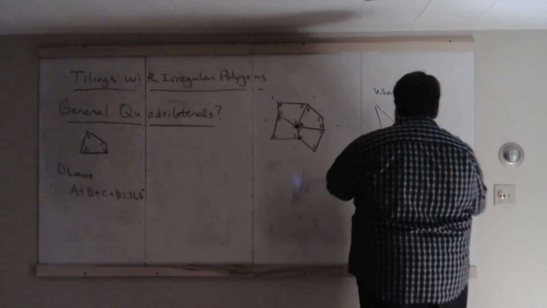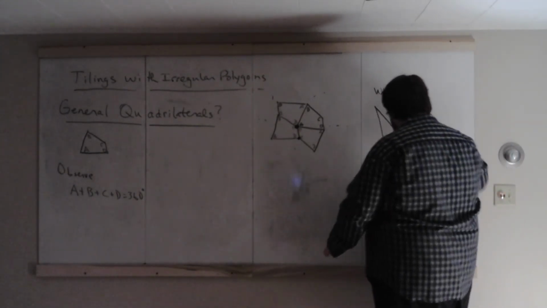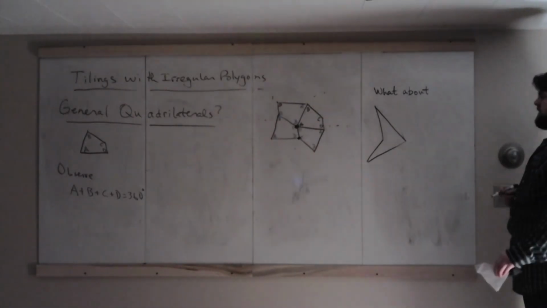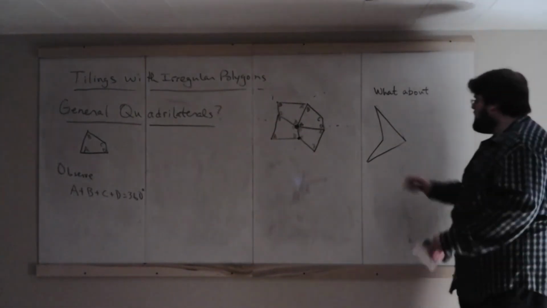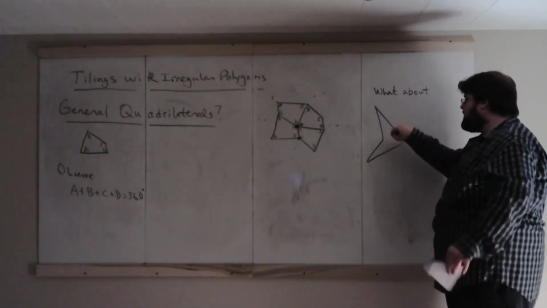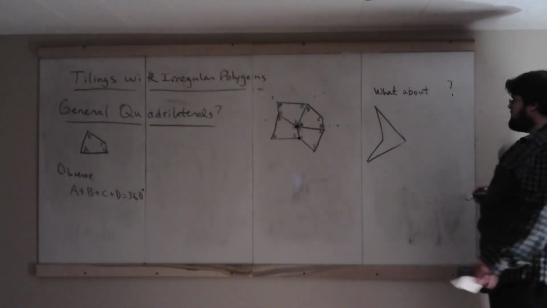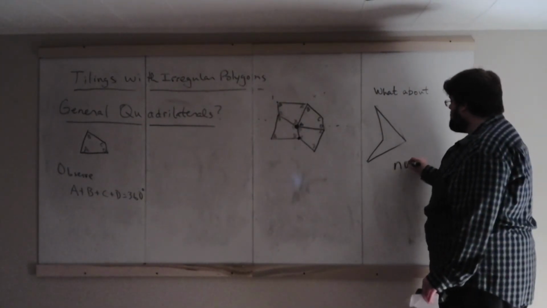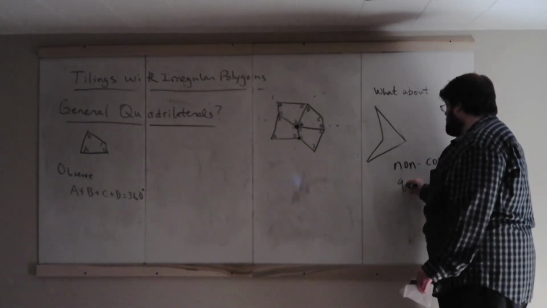Let's say we had a quadrilateral that looked like this. Instead of being bulged out at each of the angles, it goes in at one of the angles and creates an angle above 180. This is called a non-convex quadrilateral.